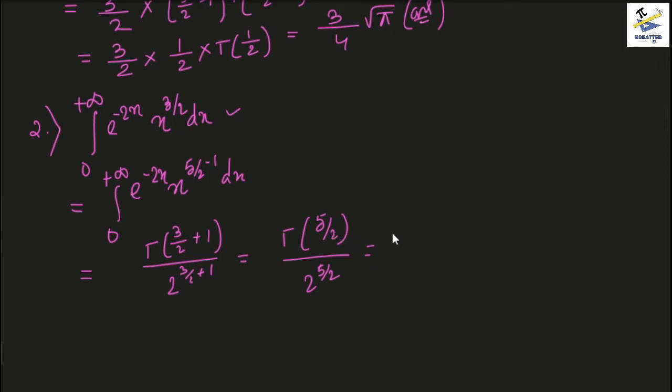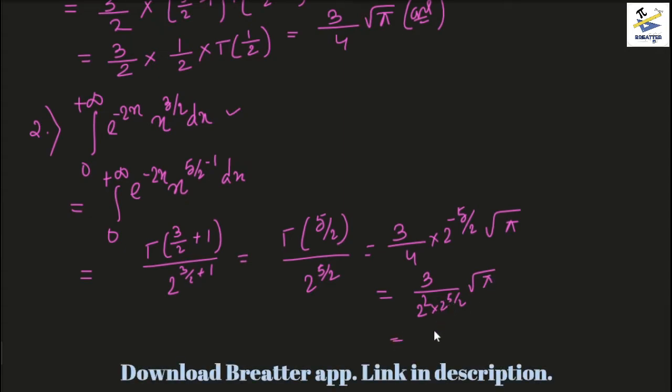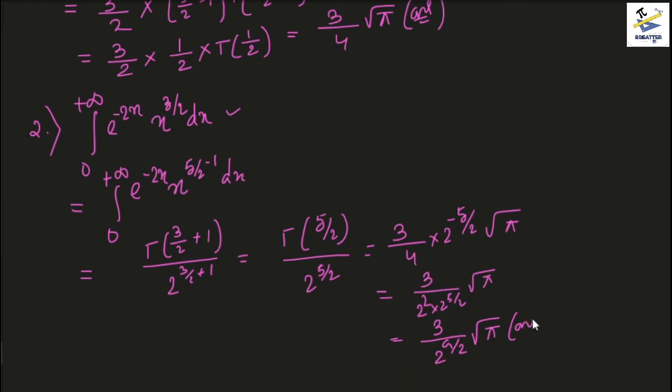But we know the value of gamma 5/2, which is 3/4 into root pi, and we have 2 to the power minus 5/2. This 3/4 means 3 by 2 squared, and this means 2 to the power 5/2 into root pi. What it becomes is 2 plus 5/2, which is basically 9/2. So 3 by 2 to the power 9/2 into root pi, and this is the answer for this integral.